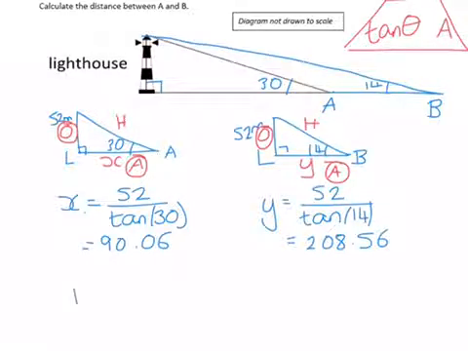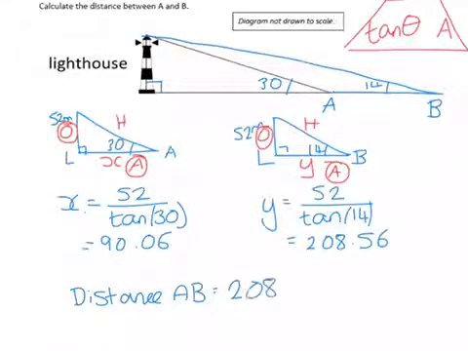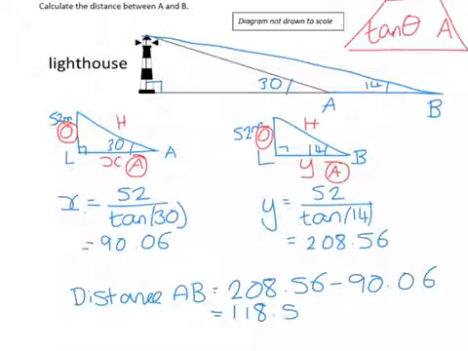So distance between A and B is going to be 208.56 subtract 90.06, and that's going to give me 118.5 metres.